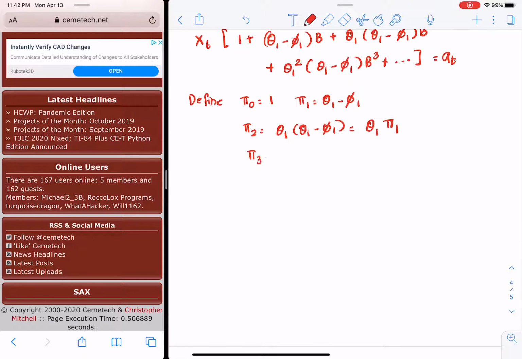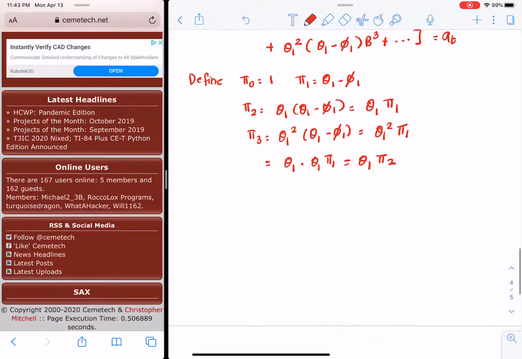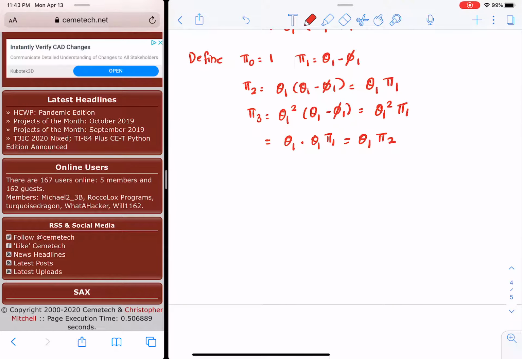Pi 3 would equal theta1 squared times (theta1 minus phi1), which is the same as theta1 times pi 1, theta1 times pi 2. So again, we have a nice little recursion.